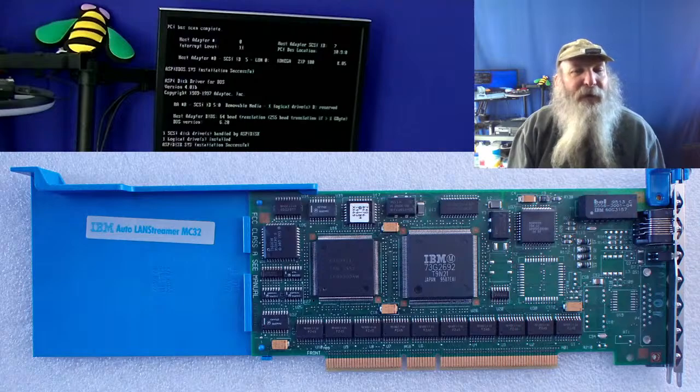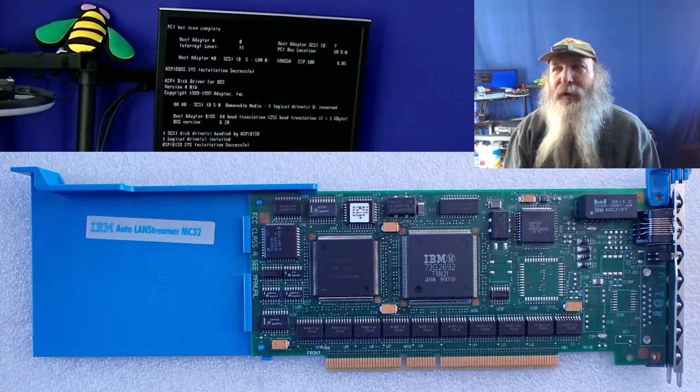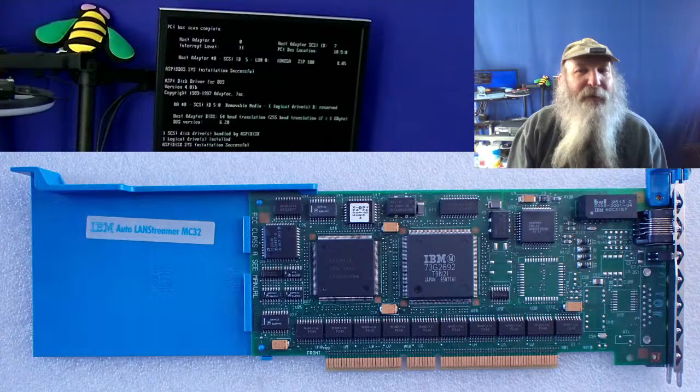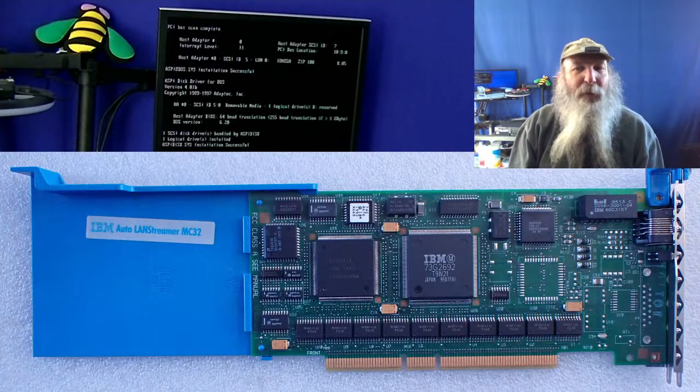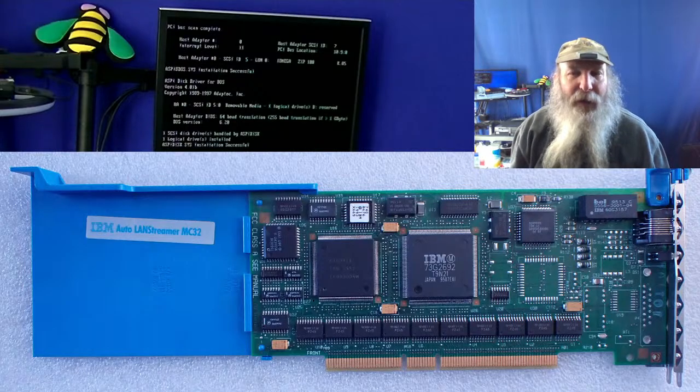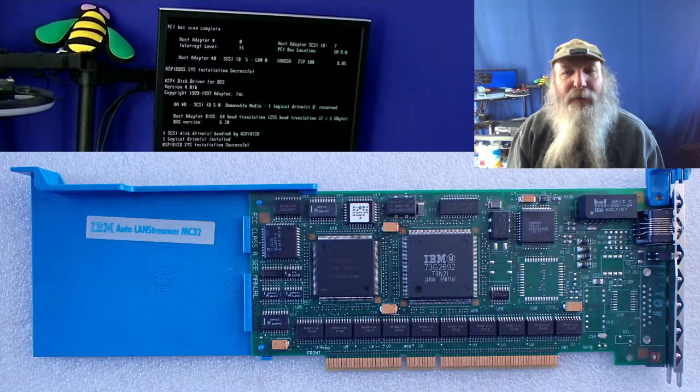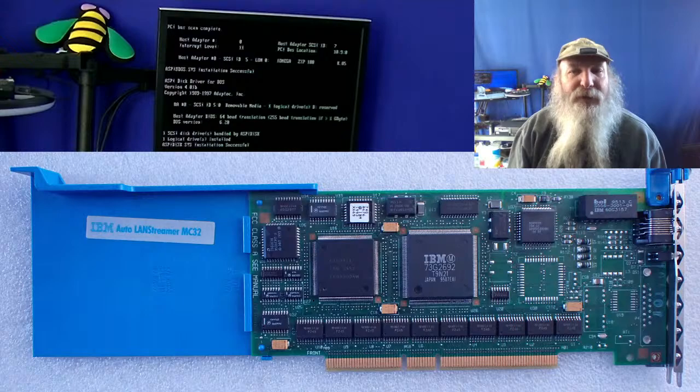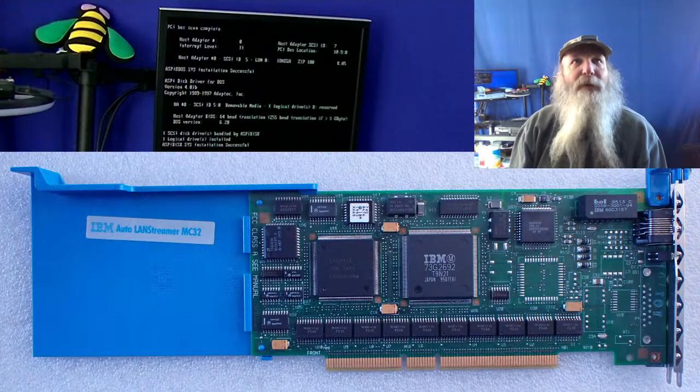Now, it is interesting that on the Facebook group, there's been an individual, and I've had a lot of side conversations with him as well, who used to do the streaming side of the firmware code.